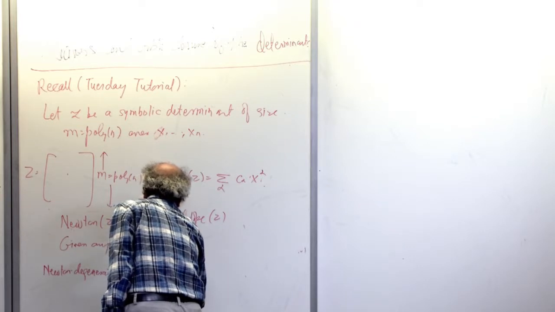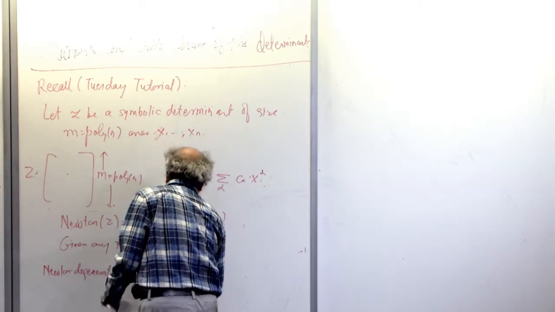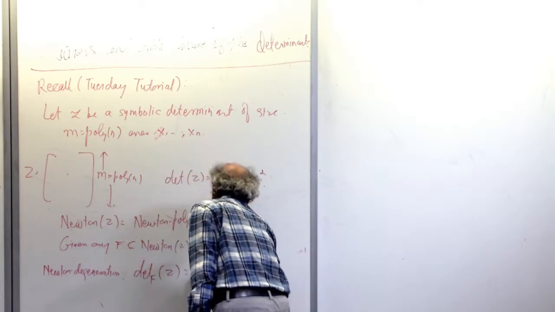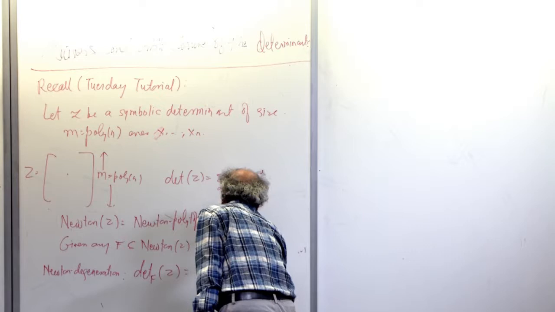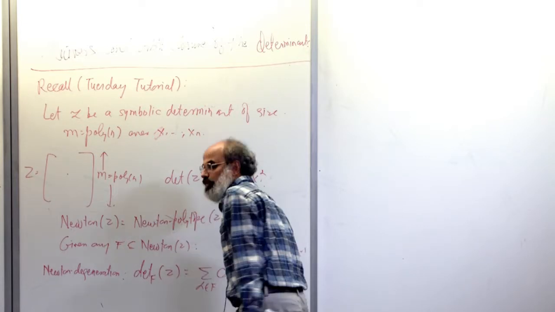We denote it like this: it is the sum of c alpha x alpha, where you range alpha over the things that occur in the face.